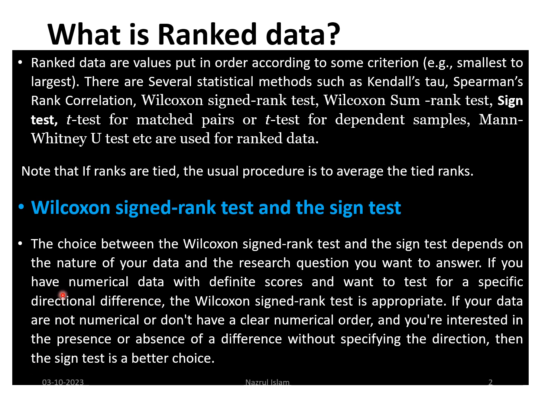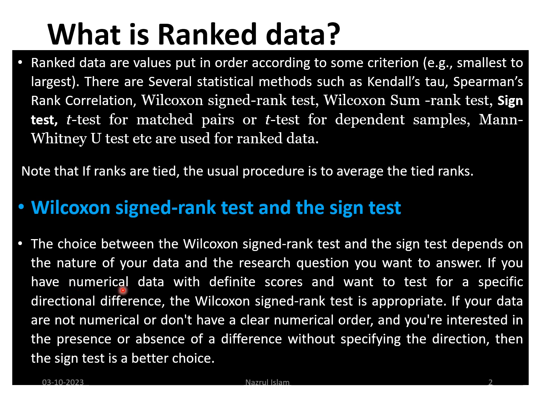Now, the question arises: when will the Wilcoxon signed rank test and the sign test be used? The choice between them depends on the nature of your data and the research question you want to answer.